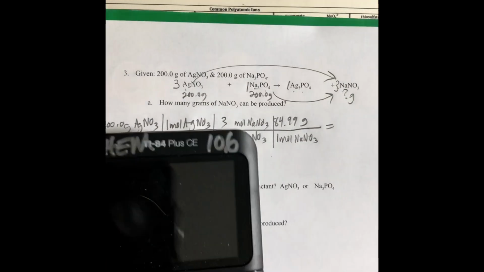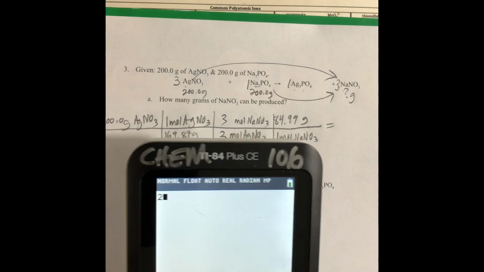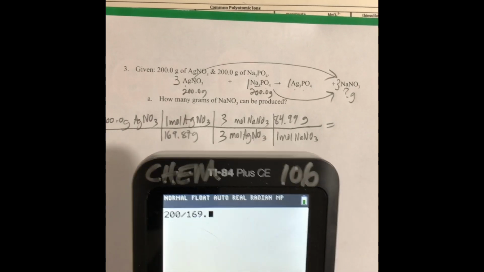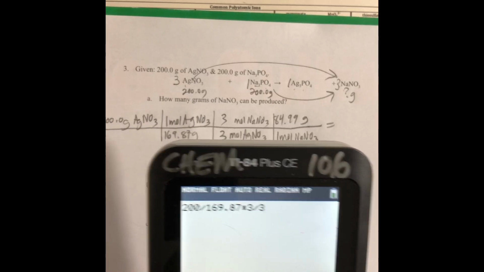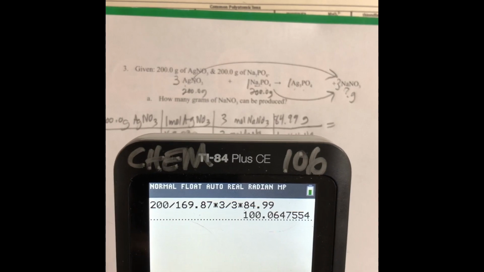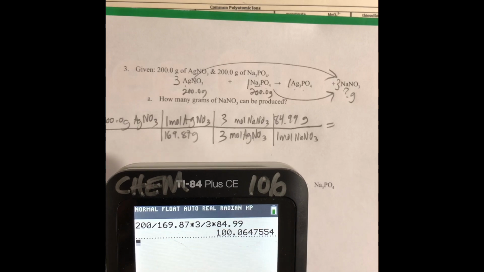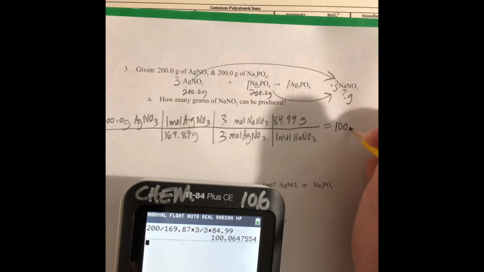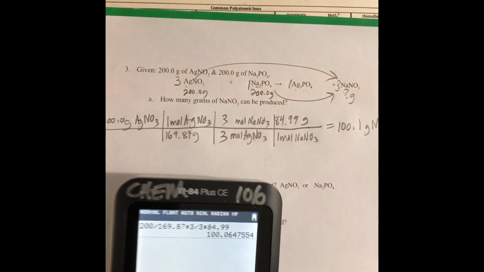In my calculator, I will do 200 divided by 169.87 times 3 divided by 3, which really isn't necessary, and then times 84.99, which equals 100.06, so it's 100.1. How many sig figs? 1, 2, 3, 4. So we'll do 100.1 grams of NaNO3 can be produced from 200 grams of silver nitrate.